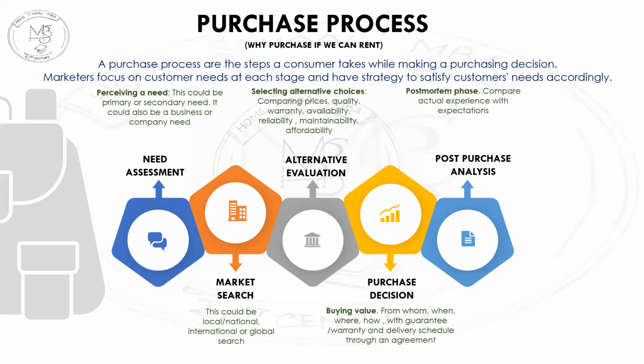So depending on the volume and the type of product that is to be procured, we decide whom we are going to buy from, when, where, how, and what kind of guarantees, warranties and delivery schedules are available to us. And we are going to do this through a contract or an agreement.